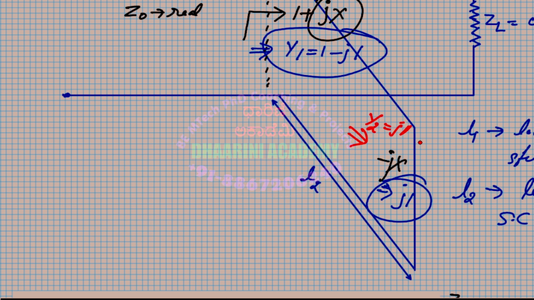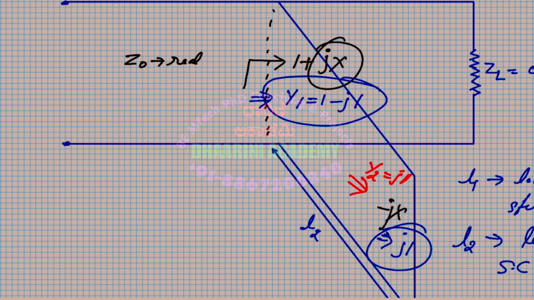I already marked y1 over there. You see here, y1 is 1 minus j1. I'll add a y2 to that. If I design y2 accurately as j1, this y1 plus y2 will become 1. Correct? So that's my requirement. So I have to make sure that I mark a point y2 on my graph.